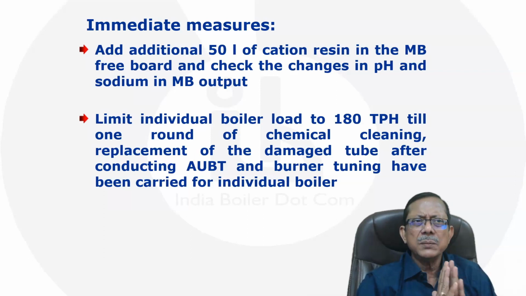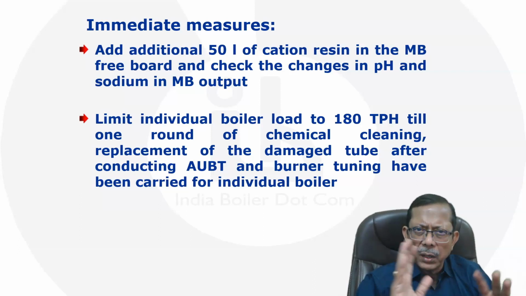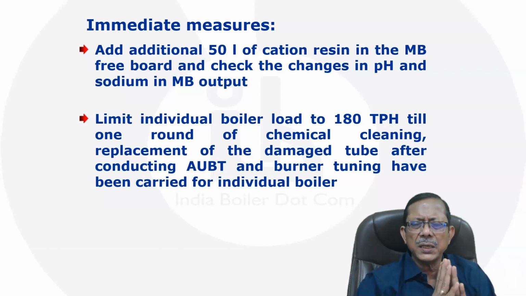So I asked them to limit the boiler load to 180 TPH till at least one round of chemical cleaning is done, and those affected tubes which were found by the AUBT inspection are replaced. Till that time they have to maintain the boiler load on the lower side.